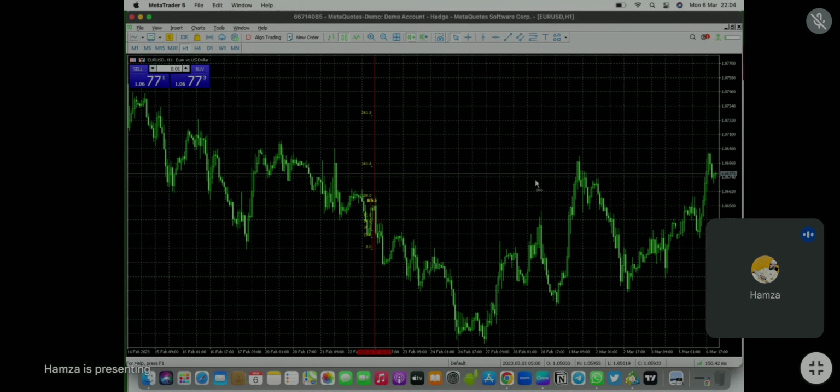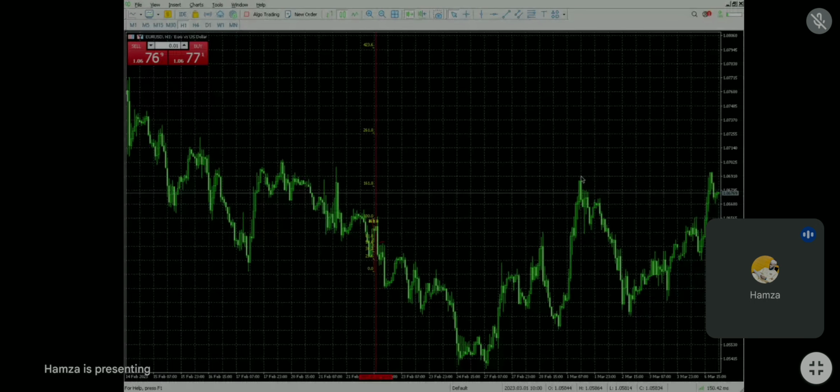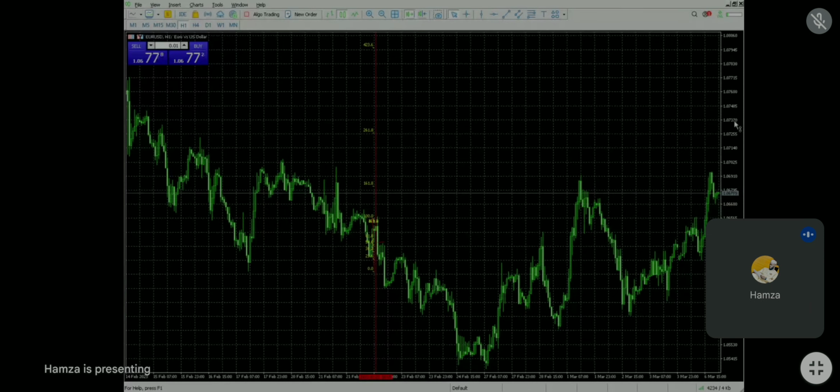You see, guys, if you can see what I'm doing here by the right hand side, this is where the pricing is. Just here. The 0 here is the pipet. The 7 here is the pip. So the 0 here has to move from 1 to 10 for the pip to move from 7 to 8. Just look at it here.